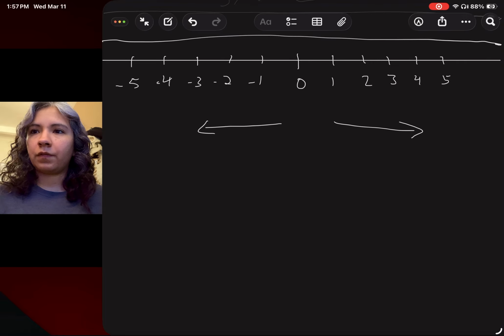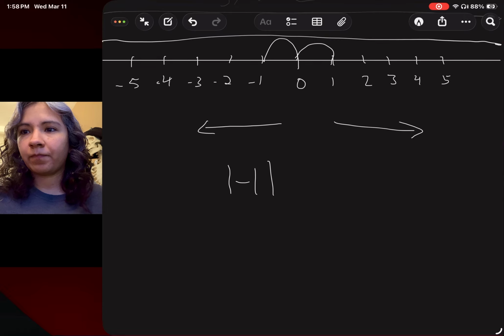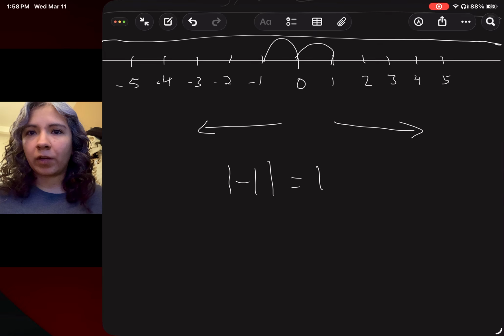But if you talk about absolute value, that is how many away from 0 on the number line. So 1 is 1 over from 0 on the number line. The absolute value of -1 is also going to be 1 because it's 1 away from 0 on the number line.